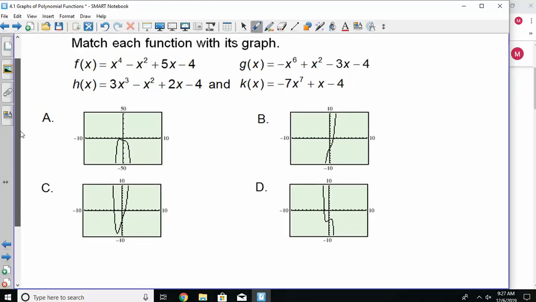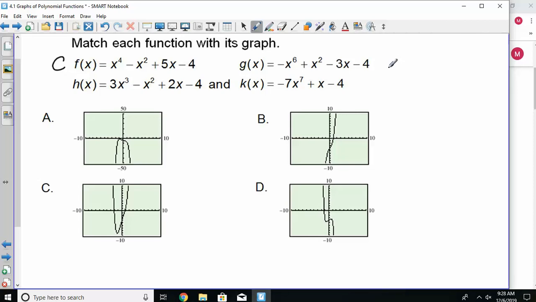Okay, so let's try a matching. See if we can pick out which graph would be which. So the first function, the f of x, what would the ends have to look like on that? Up, up. So which one would it be? Okay, g of x, what are my ends going to look like? Upside down parabola, down, down.